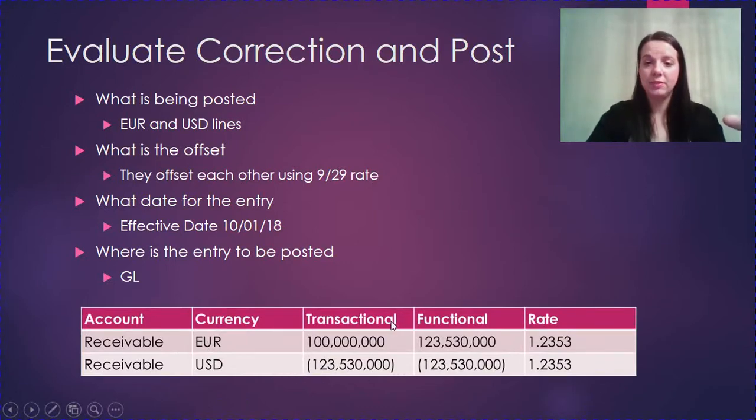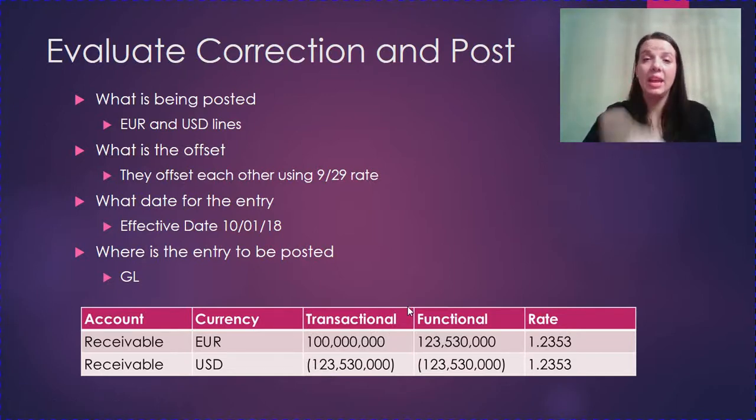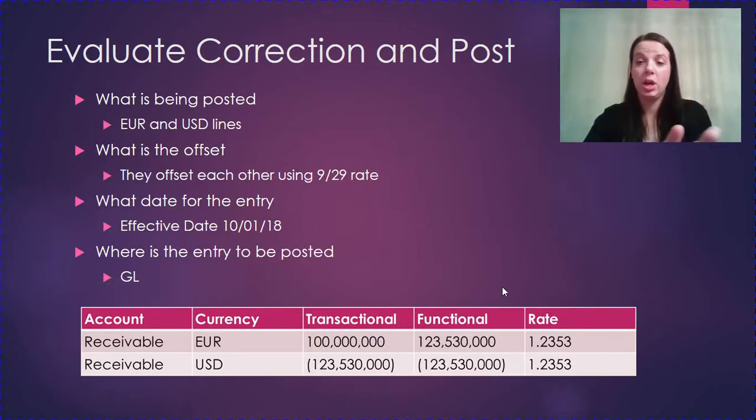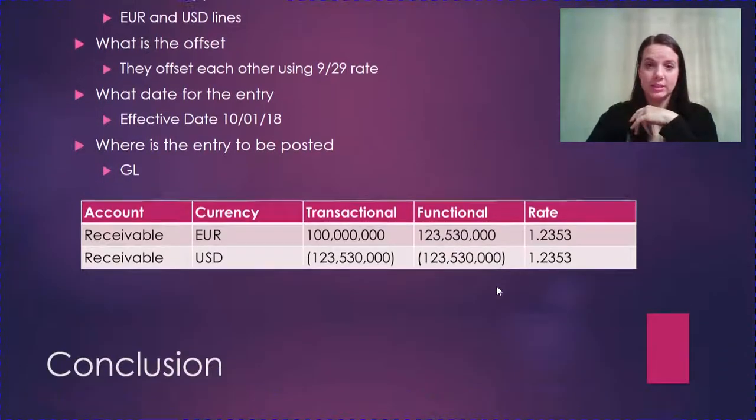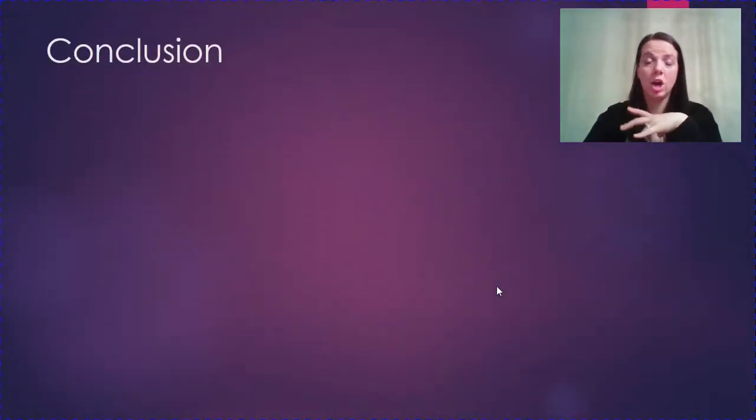Our transactional is different, but when posting entries hard-coded into the GL, it only looks at the functional, and the functional currency nets, because we hard-coded that rate to make sure the functional currency is the same for both the euro line and the USD line. After posting this entry, we will be able to see that our ledger is clear.